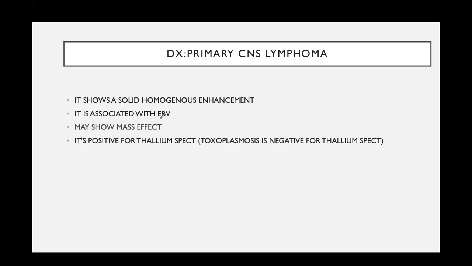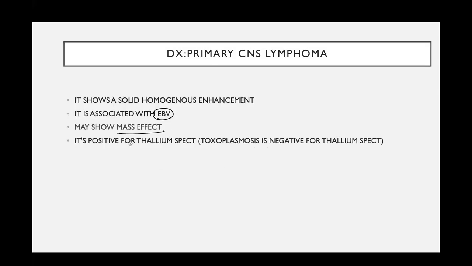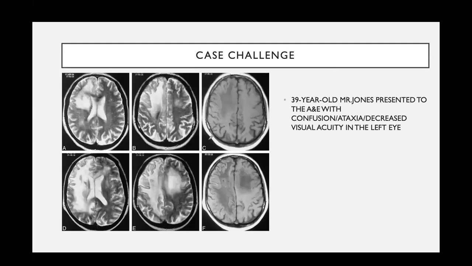Most of this disease is associated with EBV. It may show a mass effect; here you can see the ventricles are compressed. It's positive on thallium SPECT scan. Thallium SPECT scan is negative for toxoplasmosis. That's one of the differentiating features between CNS lymphoma and toxoplasmosis.